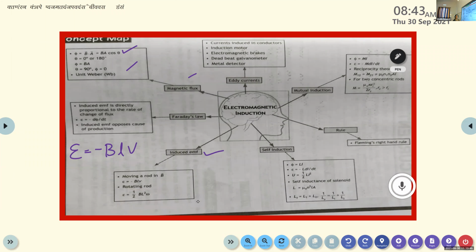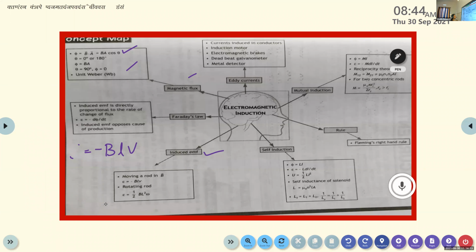So if the conductor is in the form of a circular shape, then the motional EMF can be calculated by E is equal to half B omega r square, where r is the radius of the circle, omega is the angular velocity, and B is the magnetic field. So instead of linear velocity, if it is in a circular shape, we need to consider its angular velocity.